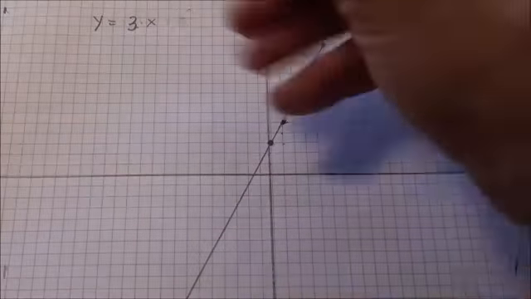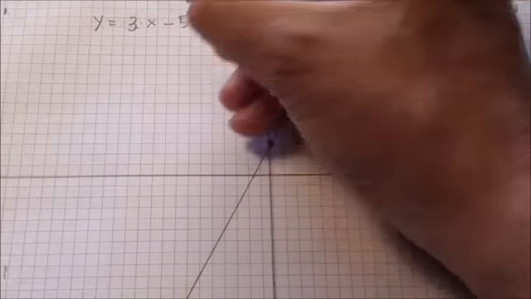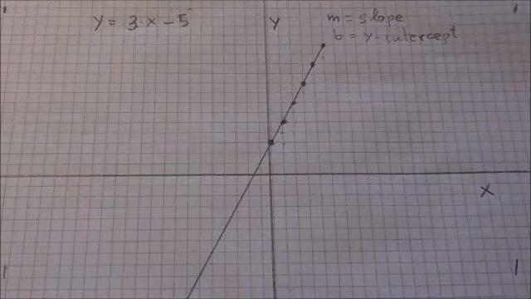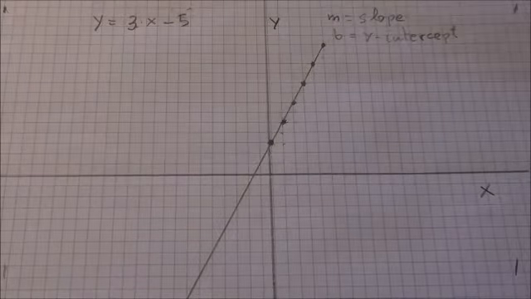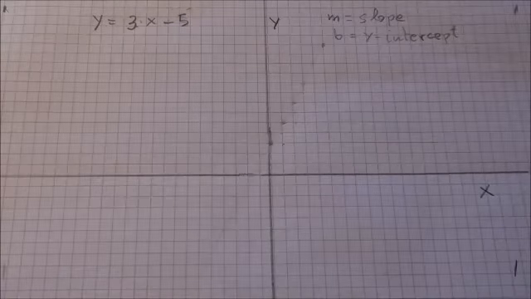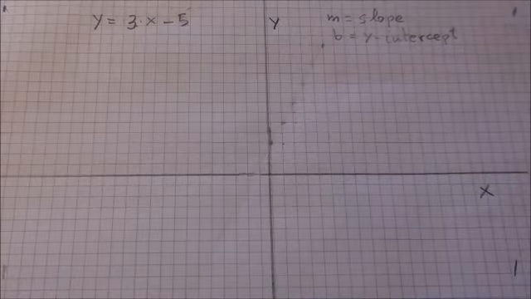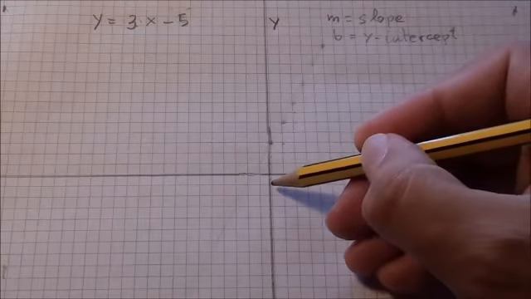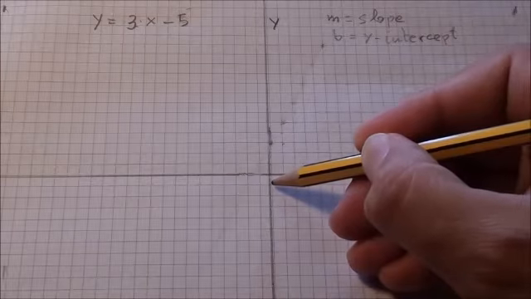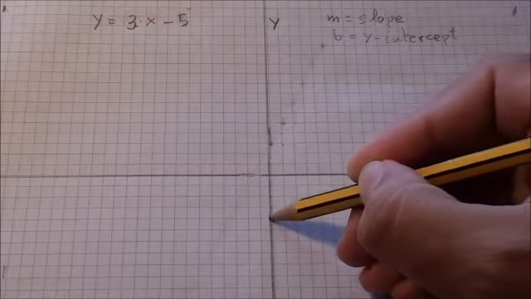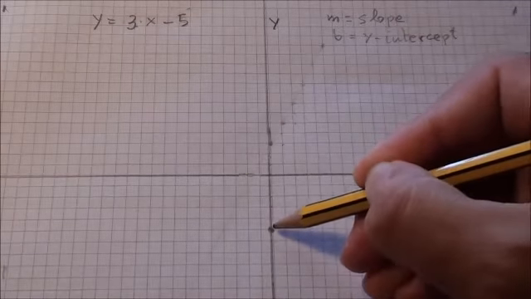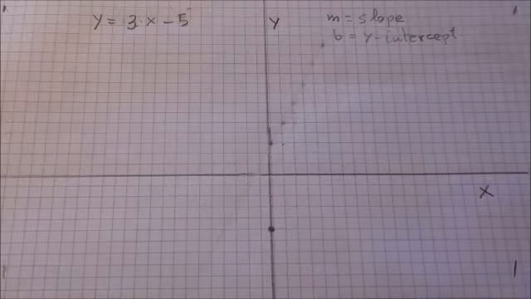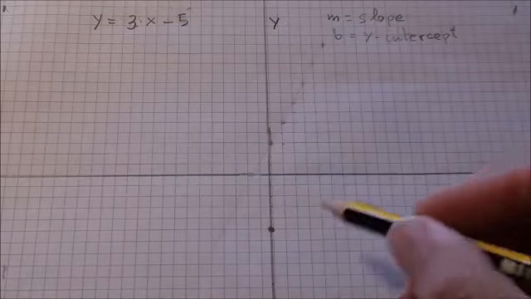Let's make it -5 and see what happens. Well, now once again the y-intercept will tell us where we have to start. -5, so 1, 2, 3, 4 and -5. We start here, and the slope tells us how steep the line is.